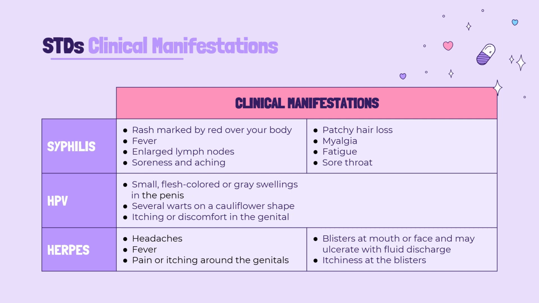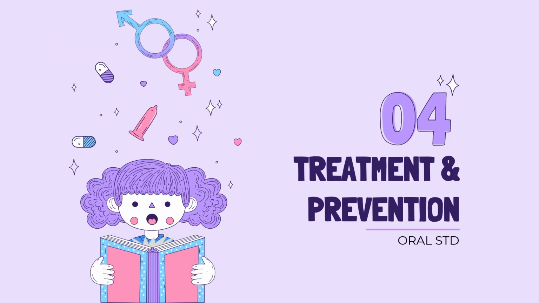Lastly, for herpes, the clinical manifestations include headache, fever, pain or itching around the genitals, and they might also complain of blisters around their face, and may also have discharge with itchiness at the blisters.